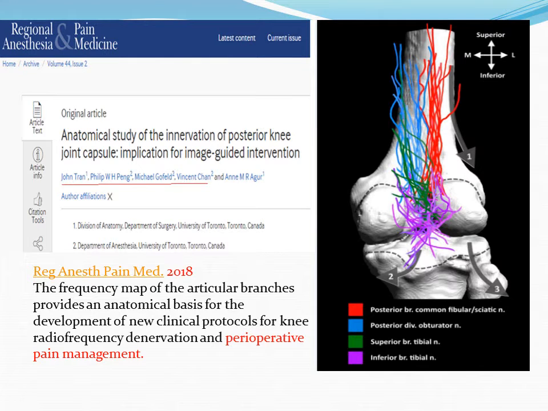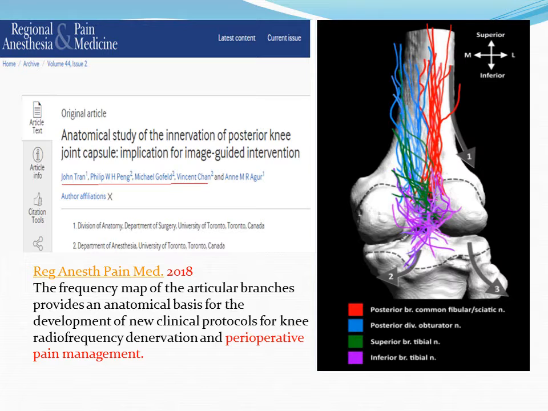Another study in 2018 confirmed what Sanjay Sinha presumed. The frequency map of articular branches shows the posterior branches of the common tibial and fibular nerves, the sciatic nerve, in red, the posterior division of the obturator nerve in blue, the superior branch of the tibial in green, and the inferior branch of the tibial in violet.